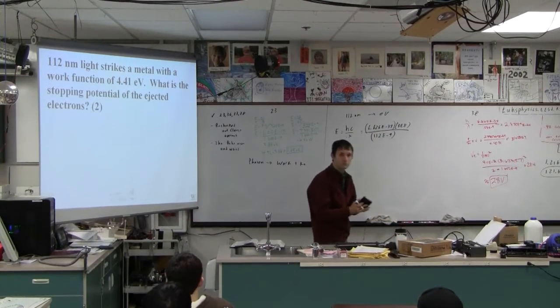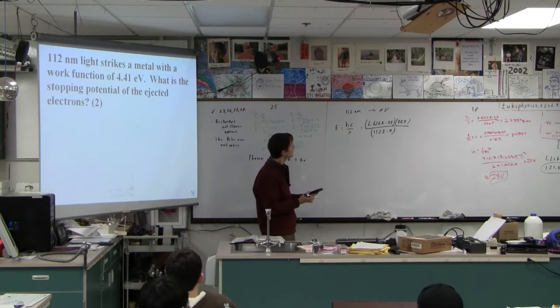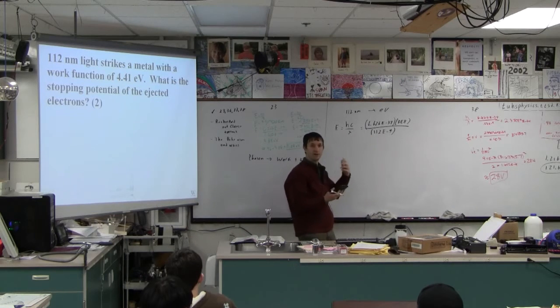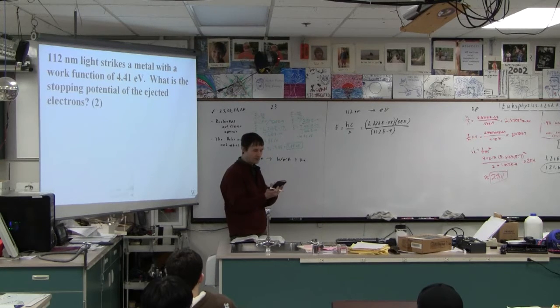It has to be meters when you're multiplying it. I'm going to get joules here, and I'll show you when I turn it into electron volts. Hold on to that thought.